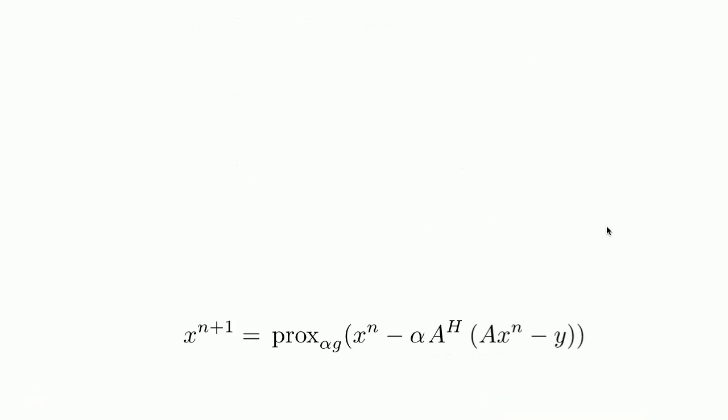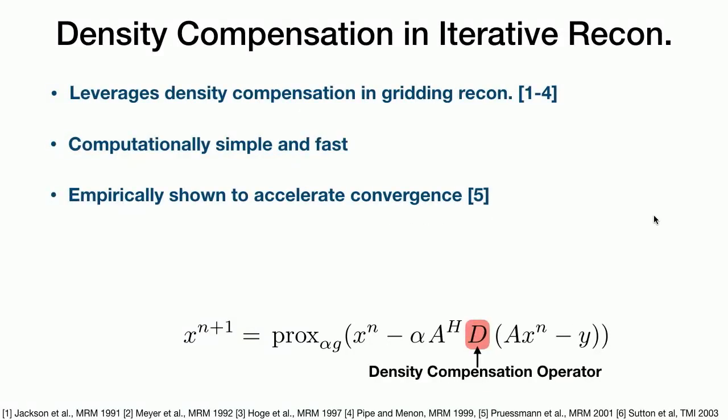A practical heuristic to deal with this issue is using density compensation, and it leverages efforts in gridding reconstruction. Operation-wise, we put the density compensation in k-space, and perform it in each iteration. This is very simple to do and very fast, and empirically has been shown to accelerate convergence.